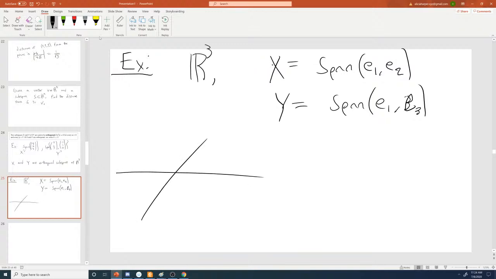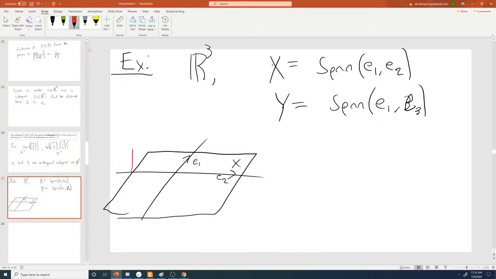E1 and E2 simply forms the XY plane, so this is the subspace X. Y is spanned by E1 and E3, so it forms the XZ plane.